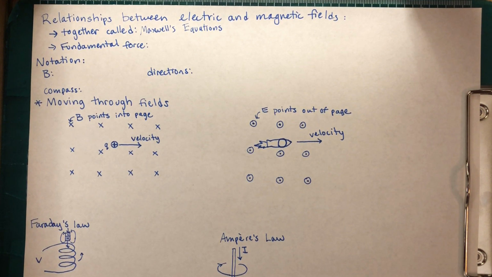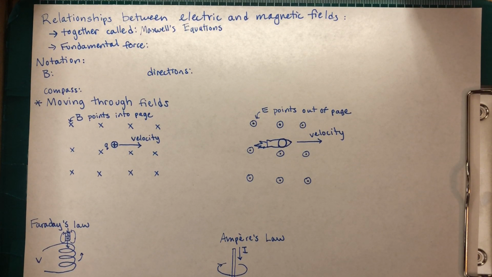Now, it turns out that electricity and magnetism are basically two sides of the same coin. So you can't necessarily have one without somehow having the other in one way or another. And that's why when we talk about the fundamental forces of nature, we don't talk about just Coulomb's law, F equals k Q1 Q2 over r squared.